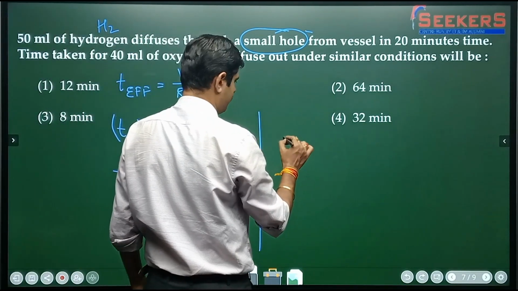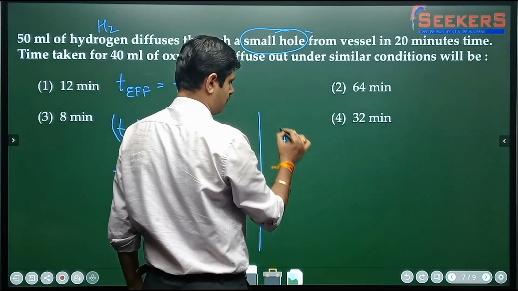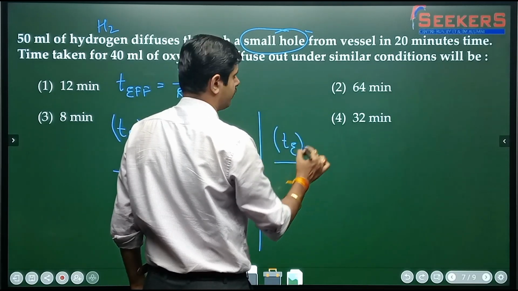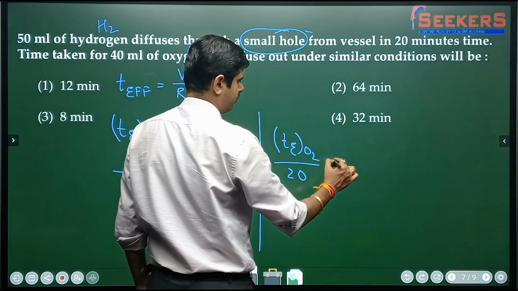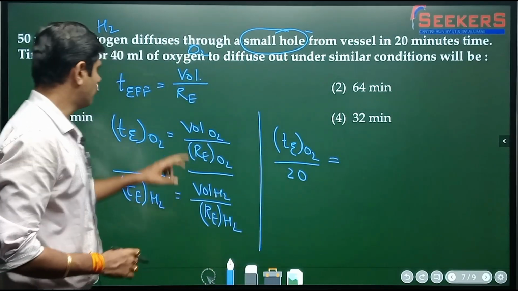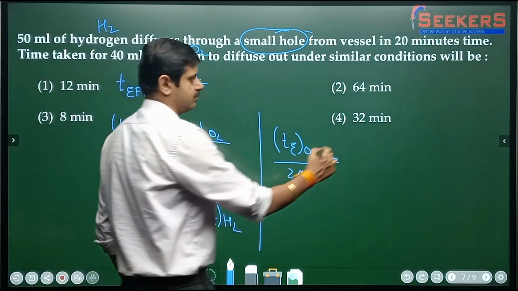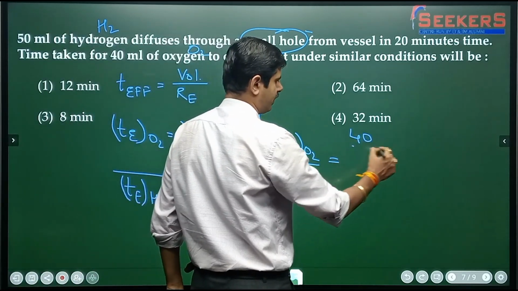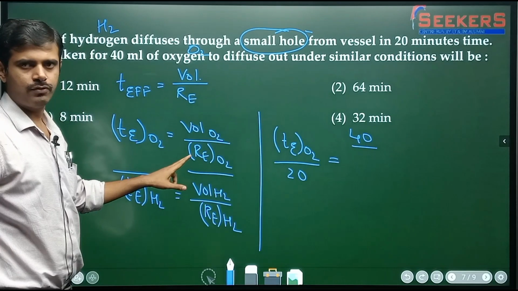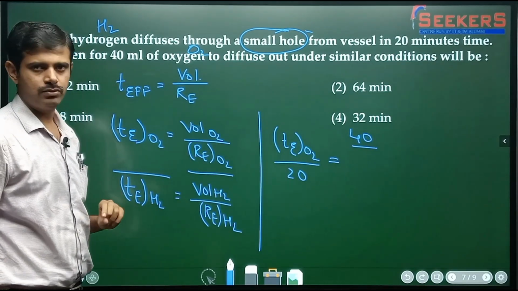So here, time of effusion of O2 divided by 20 minutes is equal to, now volume of O2. What is the volume of O2? Volume of O2 is 40 ml, divided by, what is rate of effusion of O2? Rate of effusion will be inversely proportional to the root of mass.